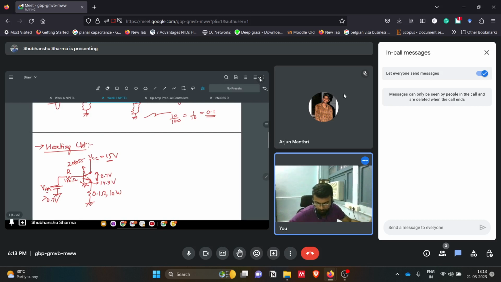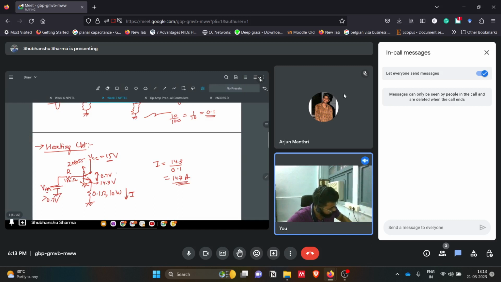If we get 14.3 volts here, then what will be the current I? The current will be 14.3 divided by 0.1, so it will be 143 amperes. That is a very large current, and we don't want this much current.